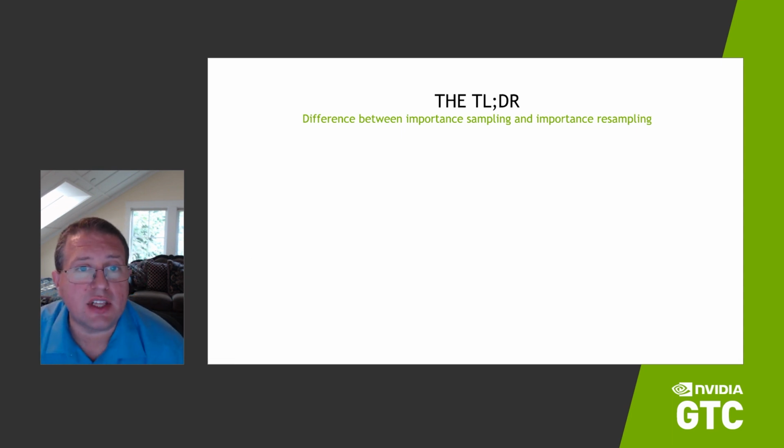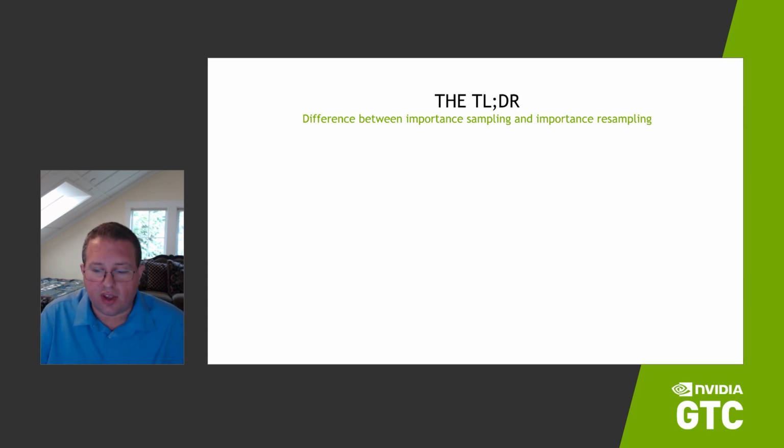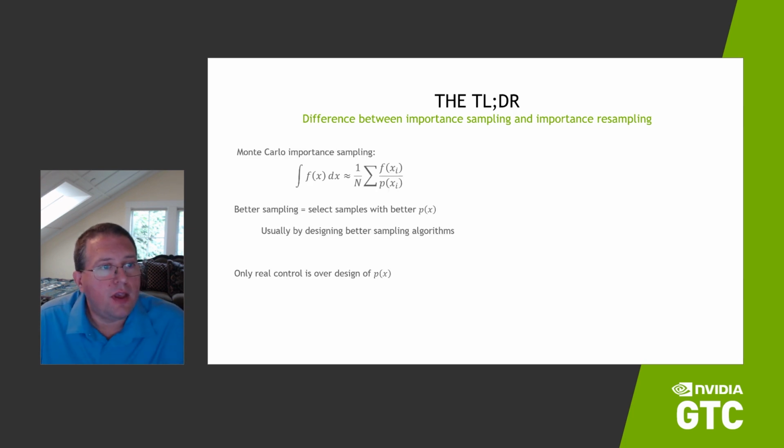So I've been diving a little bit into the math here, which may not be appropriate for all of you. So what's the TLDR? Right, the difference between importance sampling and importance resampling. So with Monte Carlo importance sampling, you do this, and your samples are better if you improve the sampling algorithm you have, p. And that's really your only control over how you improve convergence, is by improving p.